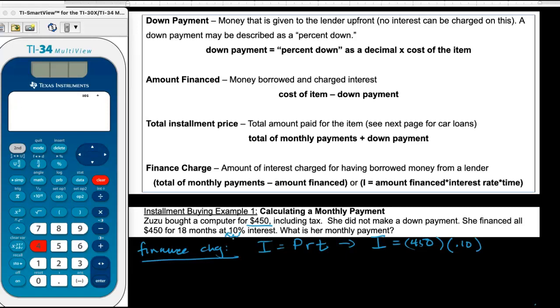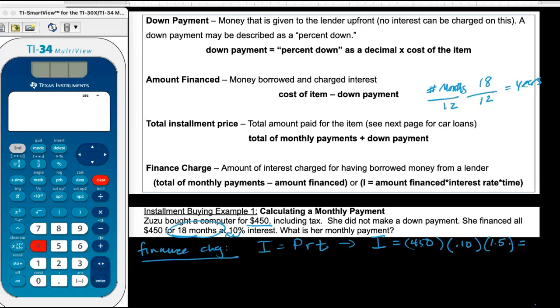Time is always in years. Since she's making payments for 18 months, we take the number of months divided by 12, which gives us 1.5 years.